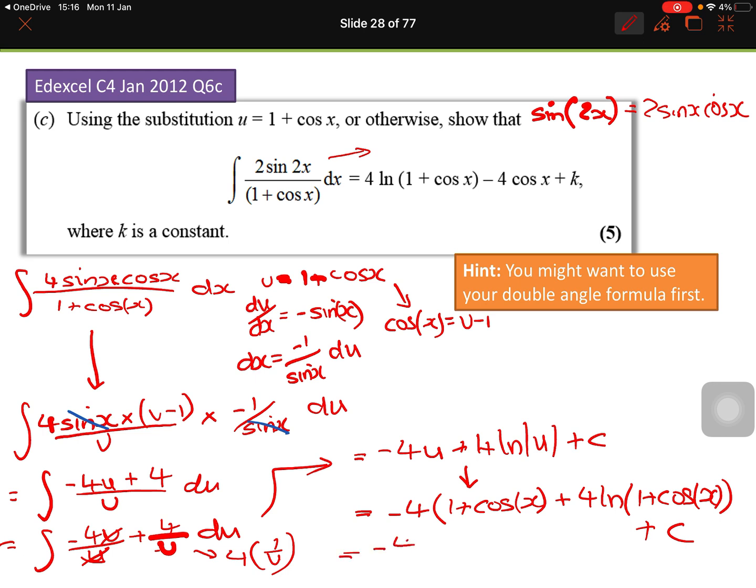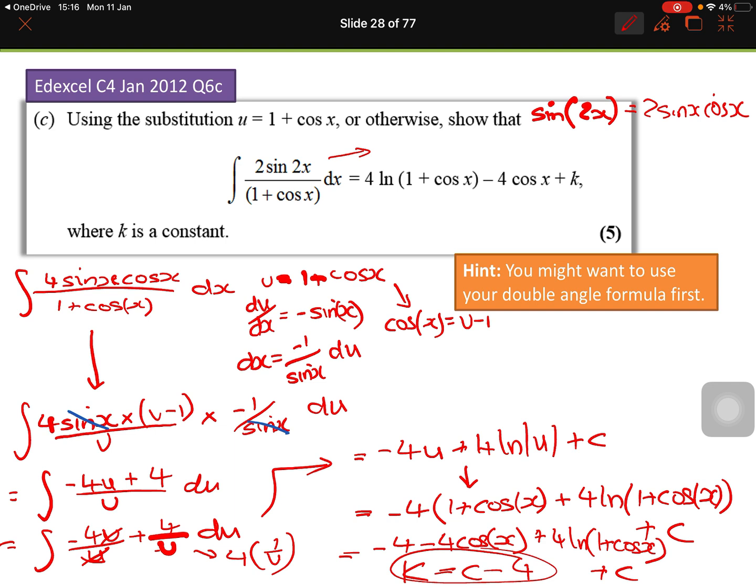So I'll have minus 4 cos x plus my 4 log natural 1 plus cos x plus my c. So when I match these up, I've got my 4 log natural 1 plus cos x, I've got my minus 4 cos x. Therefore, k will have to equal c take away 4.